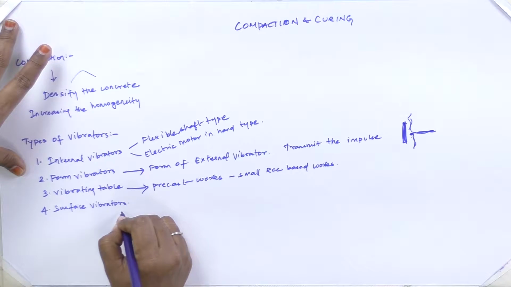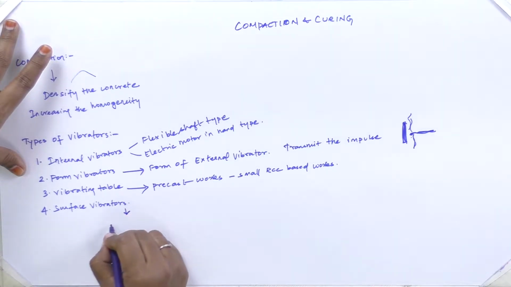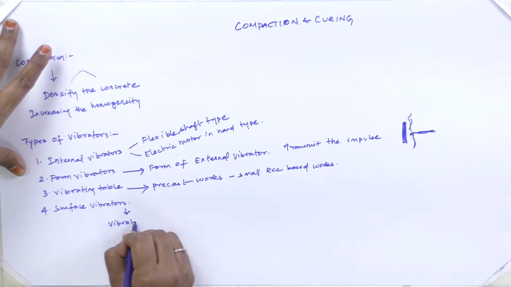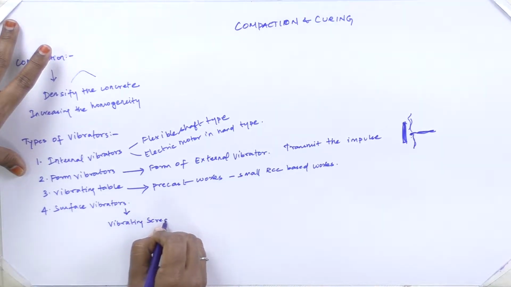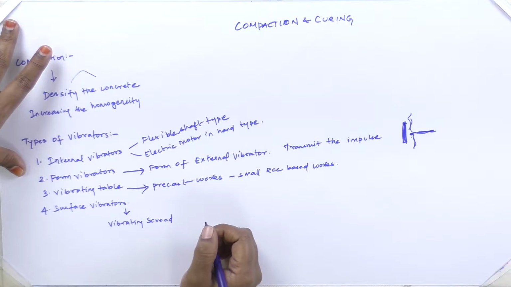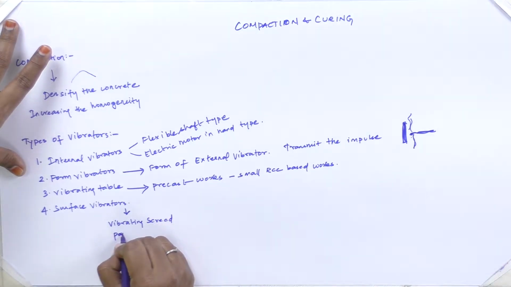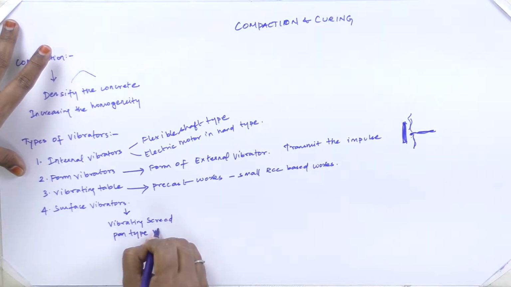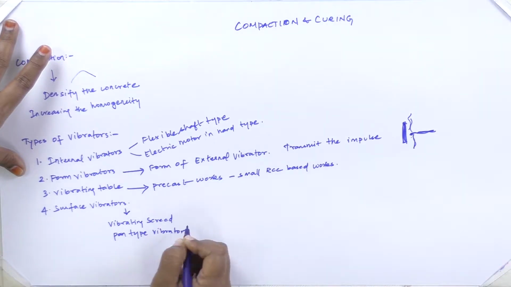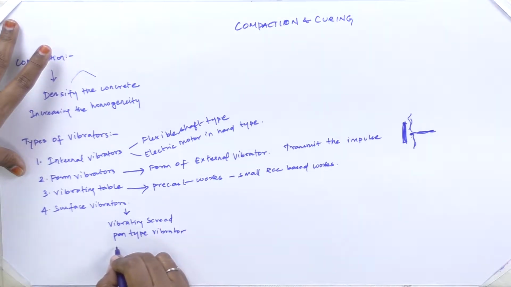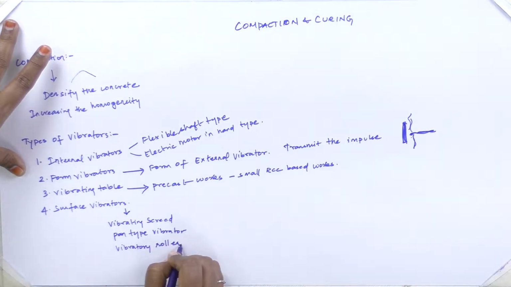These surface vibrators can be of vibrating screed, pan type vibrator, or vibratory roller.